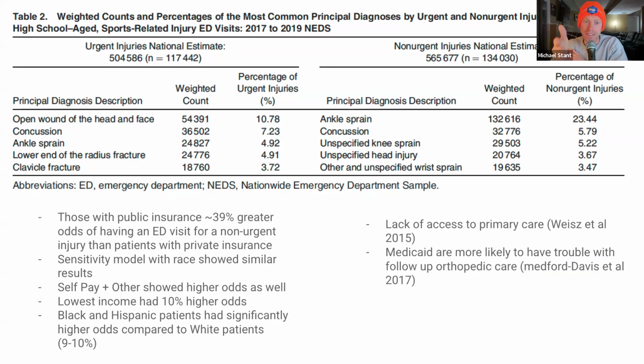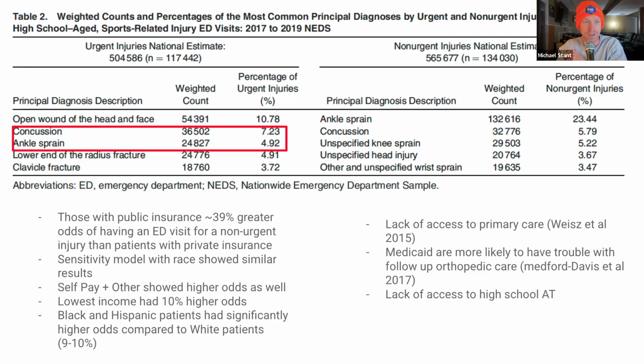So that's kind of right: lack of access to primary care, lack of access to follow-up orthopedic care. That's where athletic trainers theoretically can step in. That's why I really like this idea of athletic trainers in the public health setting. And maybe this is because of lack of access to high school ATs, and that's why kids are going to an emergency department without direction.